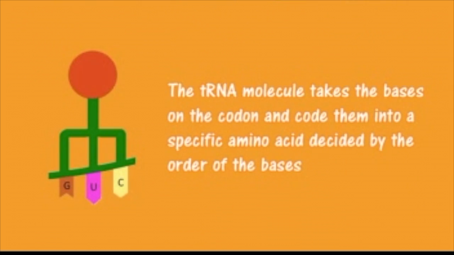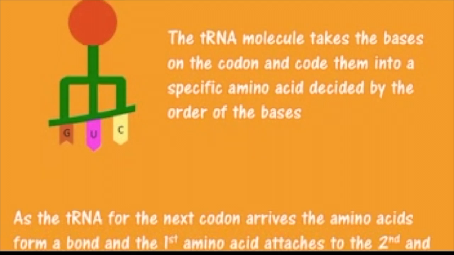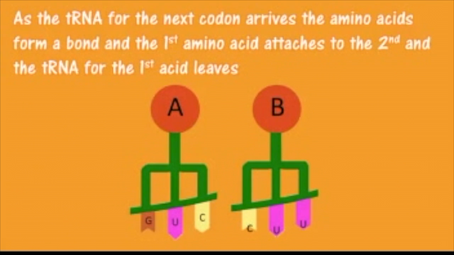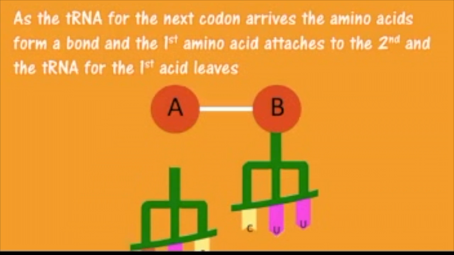The tRNA molecule takes the bases on the codon and codes them into a specific amino acid decided by the order of the bases. As the tRNA for the next codon arrives, the amino acids form a bond and the first amino acid attaches to the second and the tRNA for the first acid leaves.